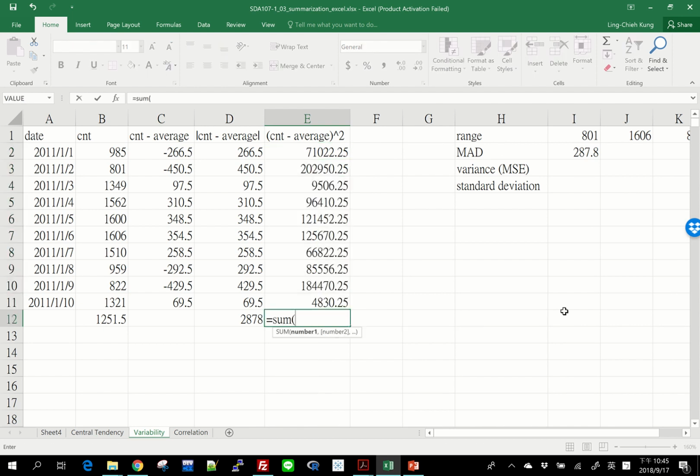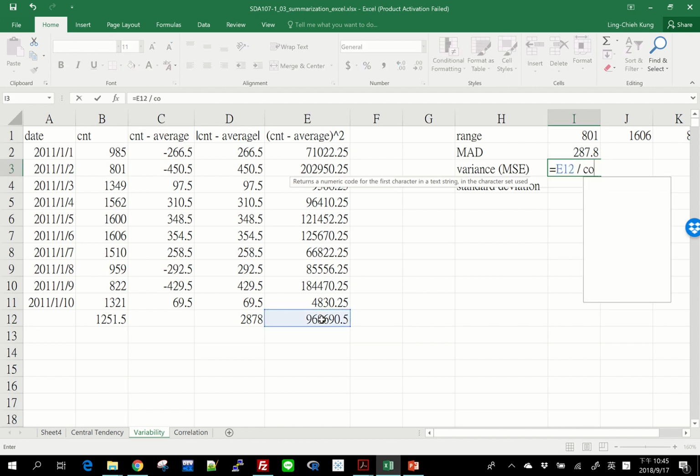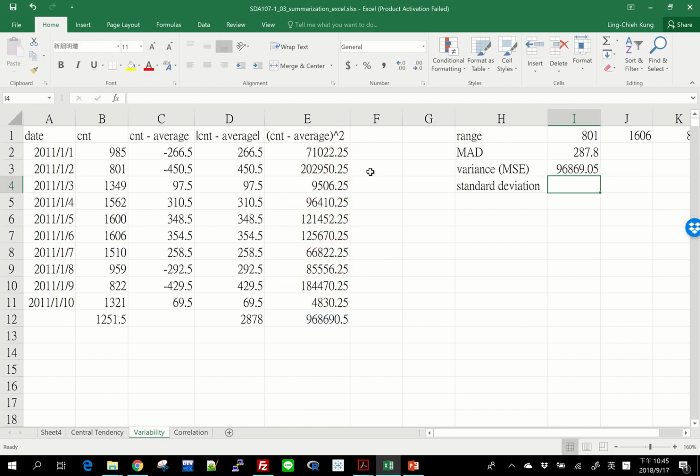I want to sum them up. Let me just sum them up first. Okay, so this is my sum of squared deviations. Then all I need to do is to take this number divided by the number of values I have. Okay, so this is my variance.